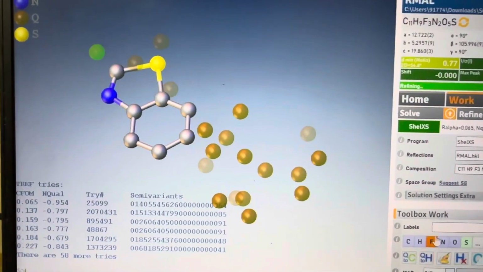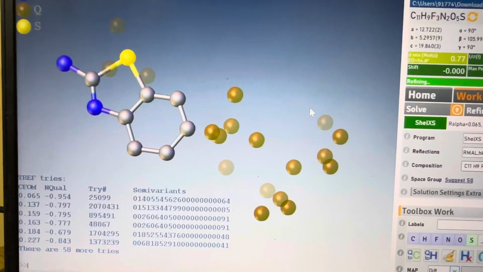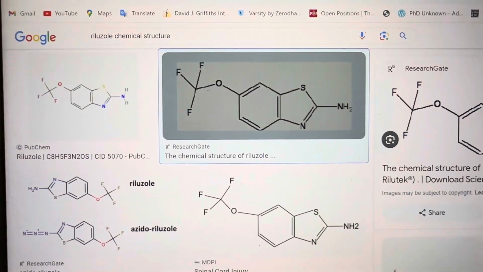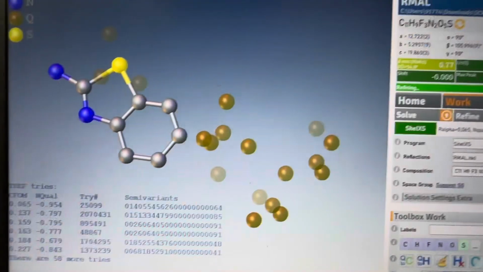So this should be nitrogen. Now we at least have the two rings constructed properly. However, I haven't shown the hydrogen atoms yet.